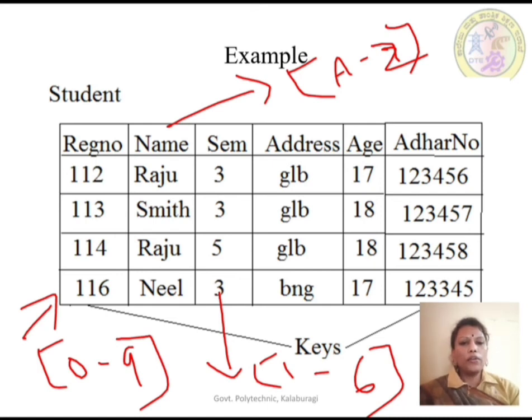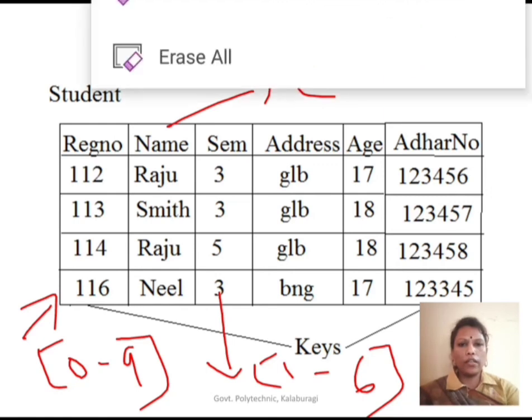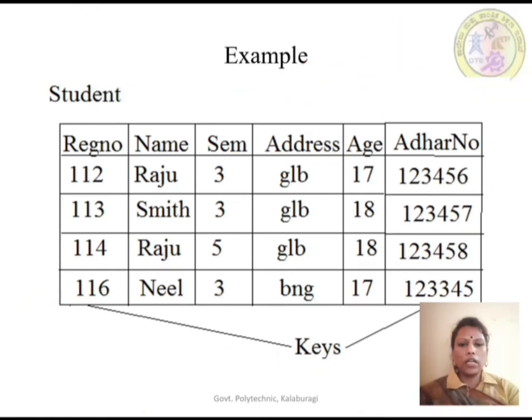And what is the domain of Aadhaar number? That is numbers 0 to 9. So these are all the domains of the student entity attributes. I think you have understood what is a domain or value set.